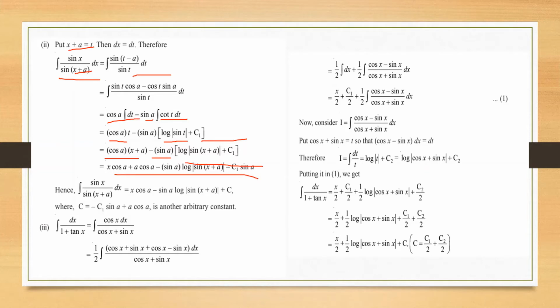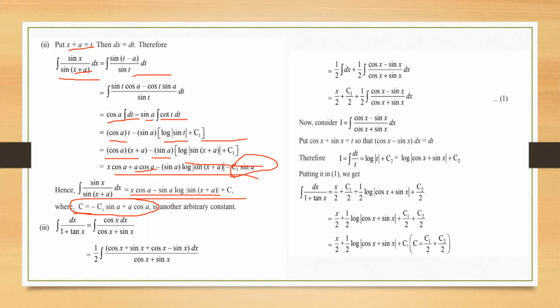So the sin a will be multiplied with the c1 also, which ultimately is a constant, because sin a is a constant and c1 times sin a is also constant, right? So this is your integral. And what we can do is, this a cos a and minus c1 sin a, they can be taken as one common constant, because no variable term is there. So you can express the answer like this.